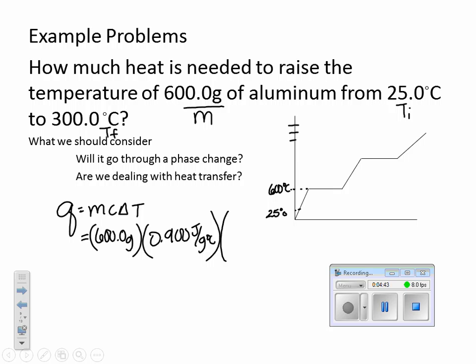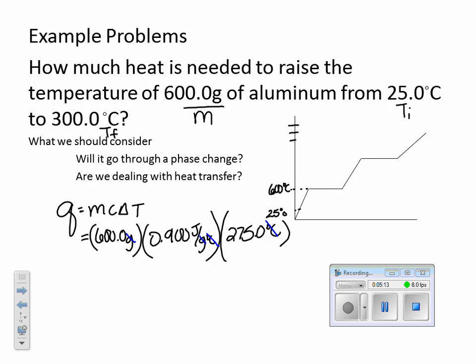And then final temperature minus initial temperature, 300 minus 25 is 275.0 degrees Celsius. And then from this point, it's just chugging it out in your calculator to get the heat. You'll notice that the units that cancel are, let's see, there's a gram on top and a gram on bottom, a degree Celsius on top and one on bottom, so those cancel.